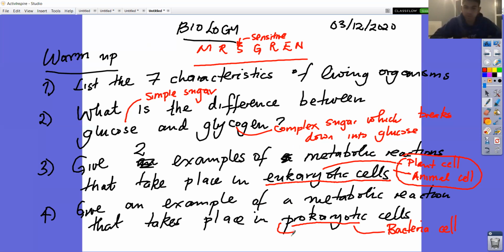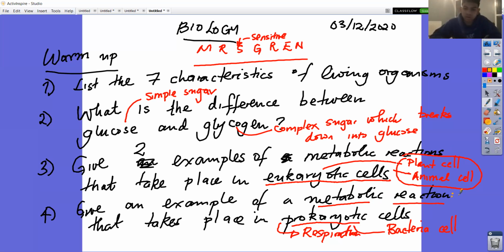Correct. So is it just respiration that's a metabolic reaction? Correct. Okay, so what do we mean by metabolic reactions? Can you remember what metabolic reactions are? I'm not sure how to describe it.